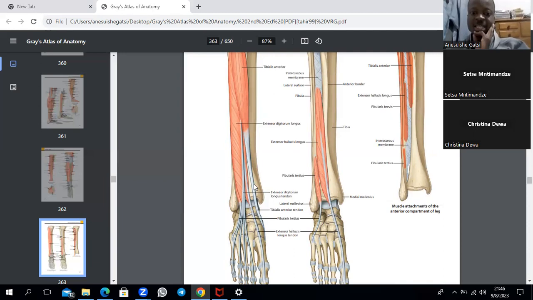Tibialis anterior, look at it here. Remember I said it goes to the base of the first metatarsal here, as well as the medial cuneiform, which is this bone here. Right. The hallucis and the digitorum, I would describe them in the foot. It makes sense when you do the foot because they'll be having the brevis there. Right.